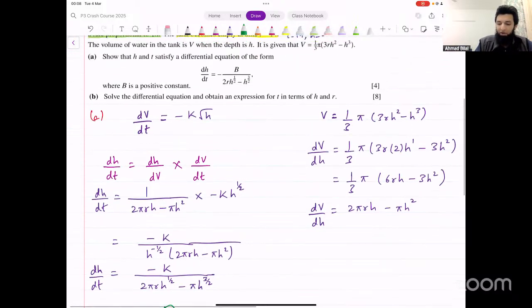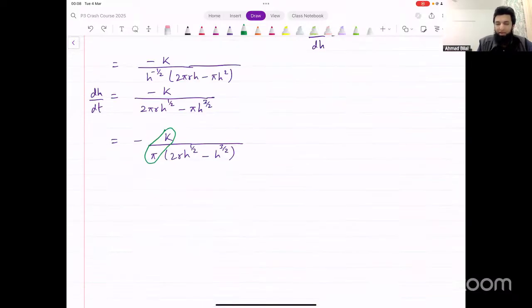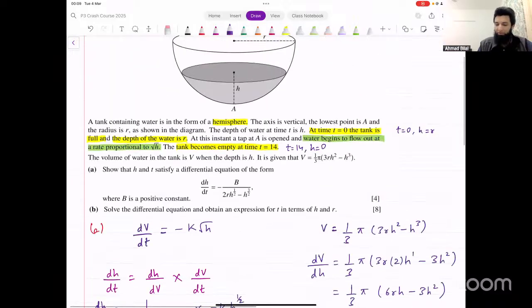And they have called that constant b here. So the form that we get from this is dh over dt equals minus b over 2Rh raised to power 1 over 2 minus h raised to power 3 over 2. That's what we wanted to prove in the first part. That's the equation that we have.